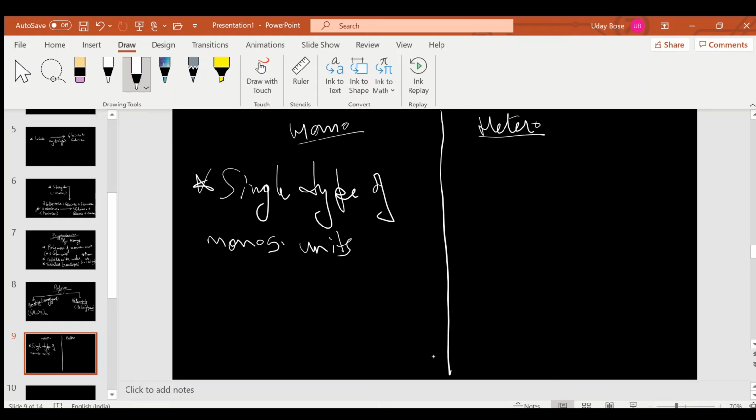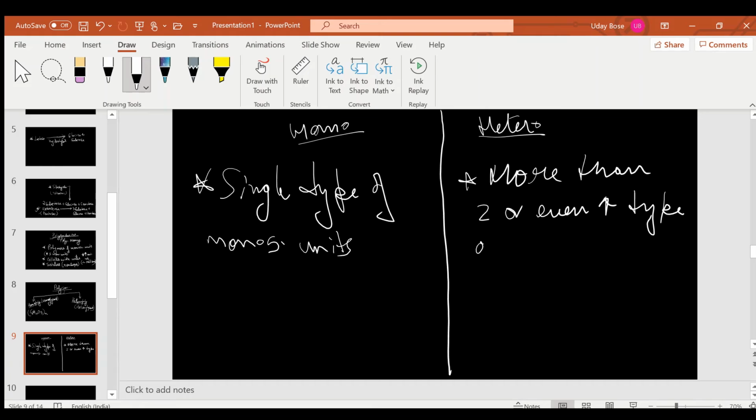And heteropolysaccharide possesses two or more different types of monosaccharide units or their derivatives.